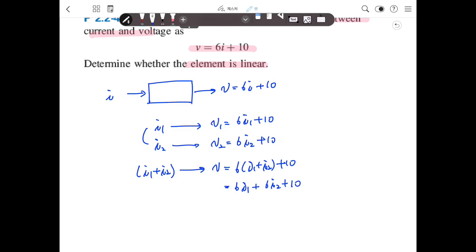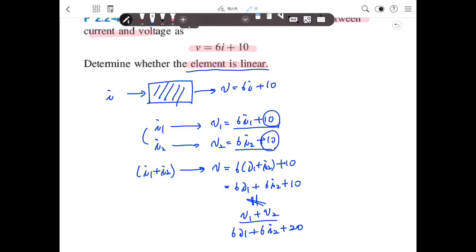Then this is not the same as V1 plus V2. Why? V1 is here and V2 is here. That will be 6 I1 plus 6 I2 plus 20. So this is different. So we can say this system does not satisfy the superposition. Therefore, this element is not linear.